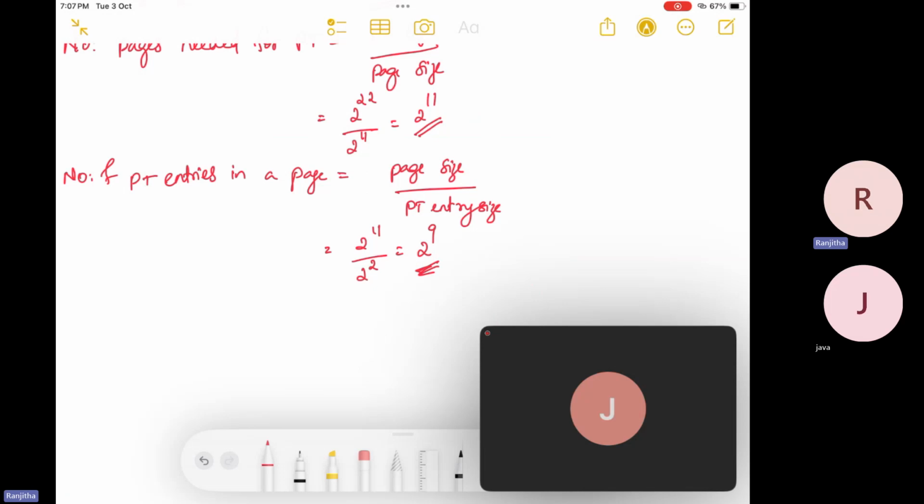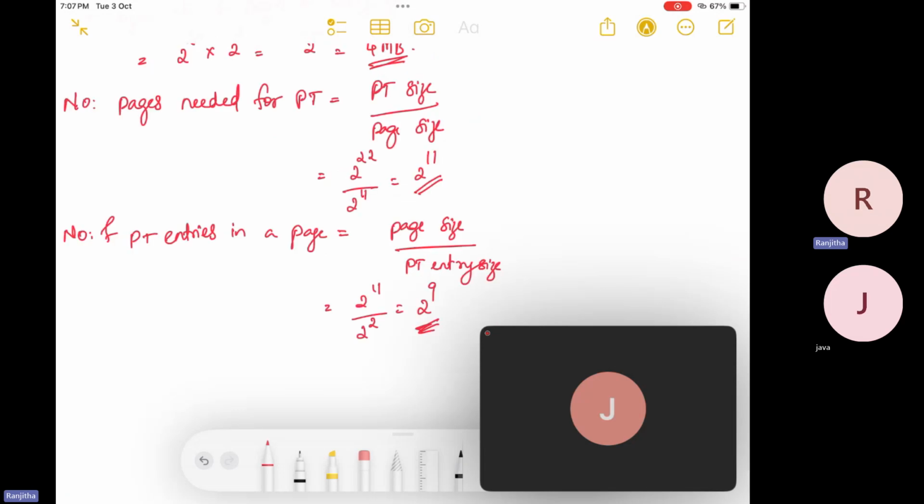So now, if we want to keep all these pages' information, we need 2 power 11 entries in a page, which is also not possible. So we need to again split this into 2 power 2 plus 2 power 9.